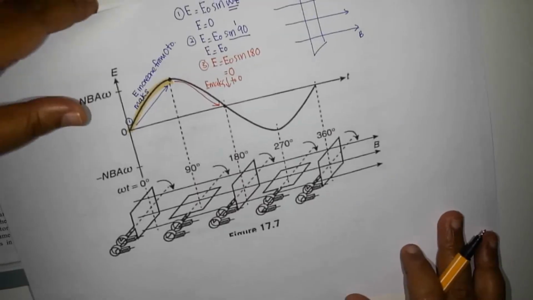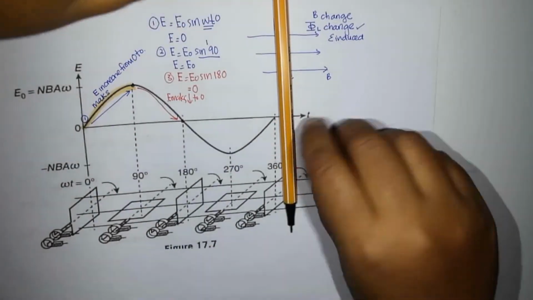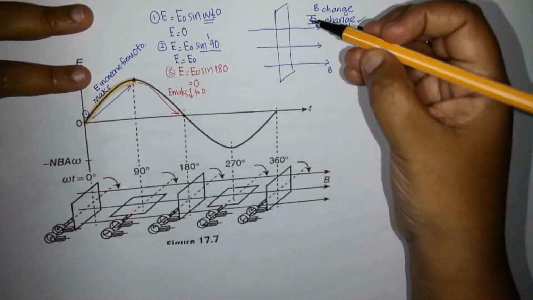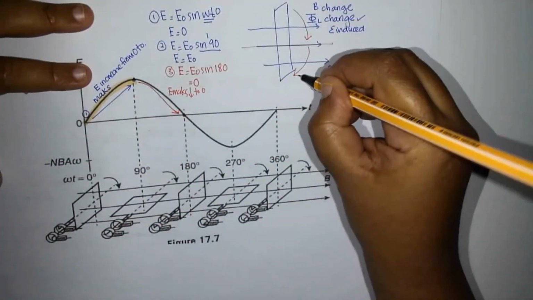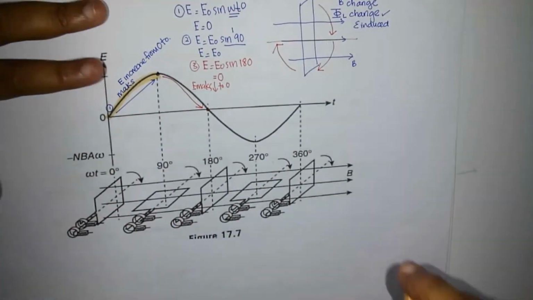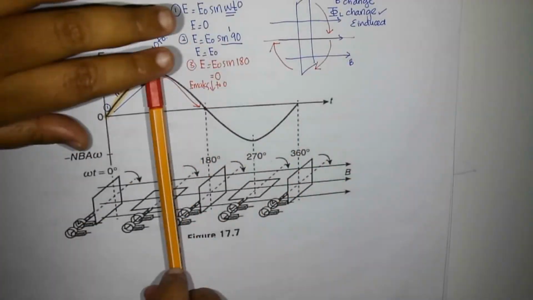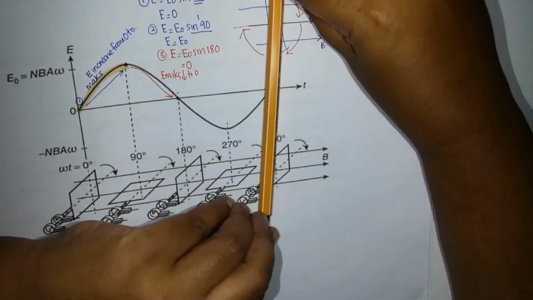Now next, what happens? Now the coil is like this. First it was like this, then it was like that, and now it's going back in the opposite direction. So it's cutting through the coil from here to here.